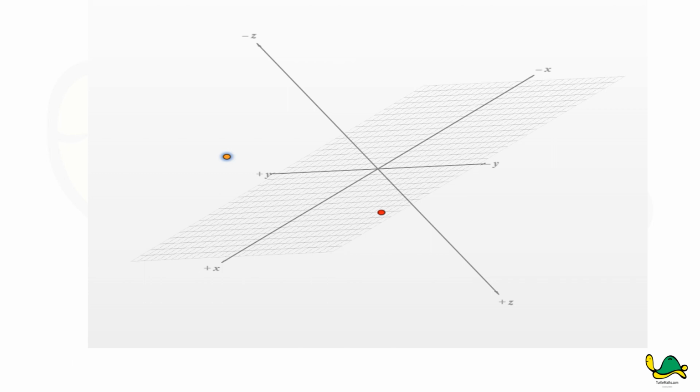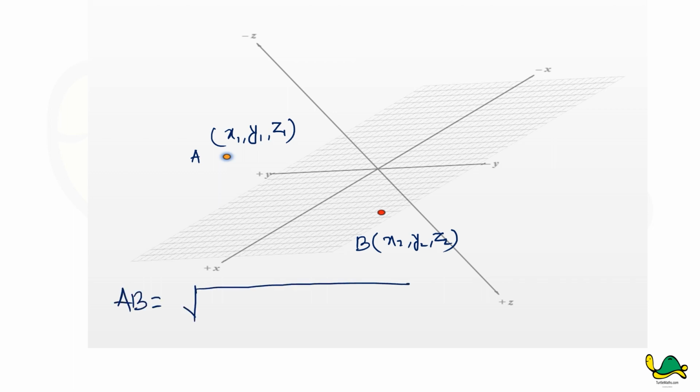So if I have got my point, let's call this point A, and this time A has got three coordinates or three dimensions, x1, y1, z1, and here we will have B, which is x2, y2, and z2. So the length AB will be given as the square root of (x2 minus x1) whole square plus (y2 minus y1) whole square plus (z2 minus z1) whole square.